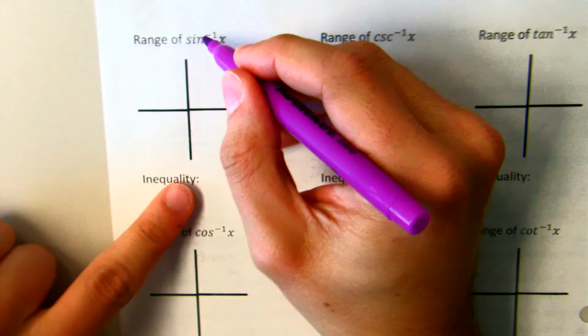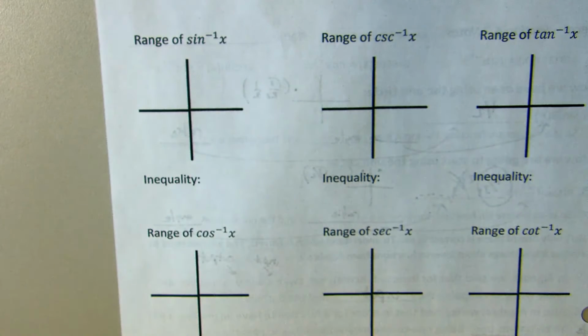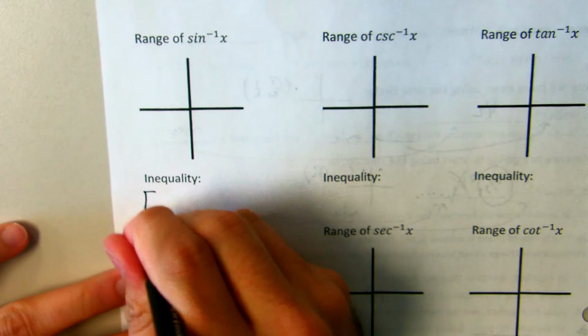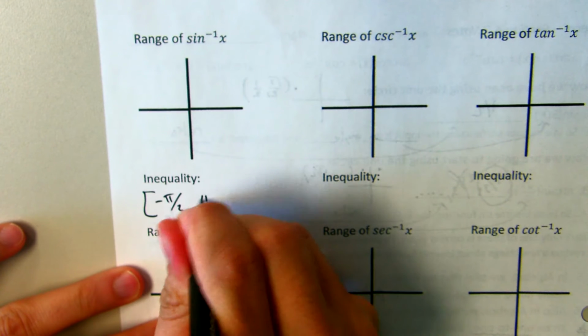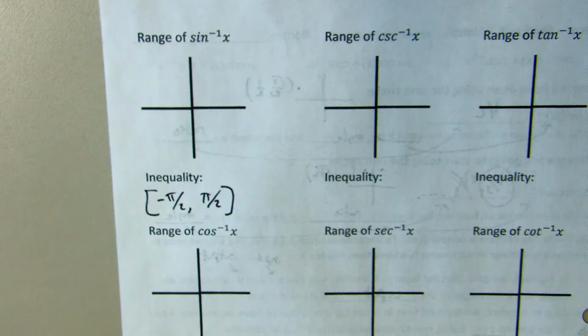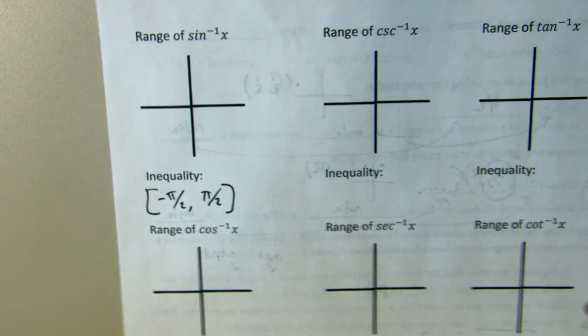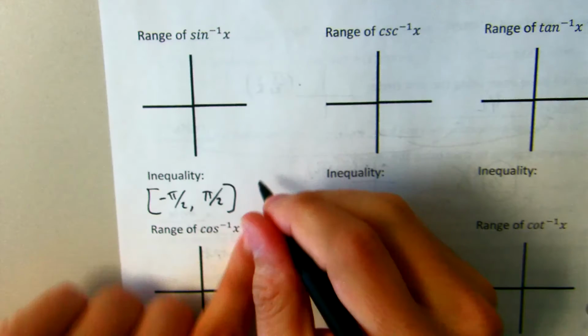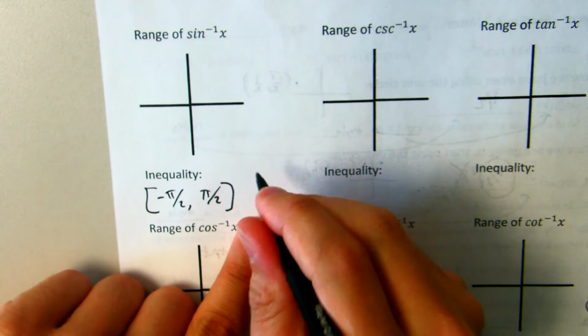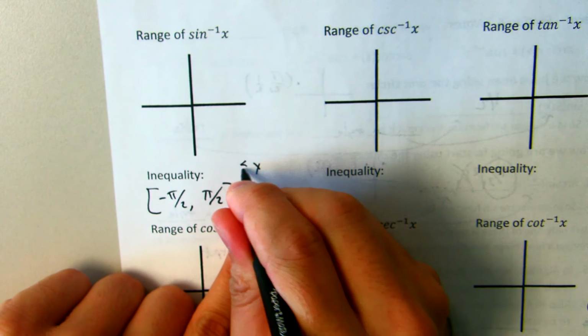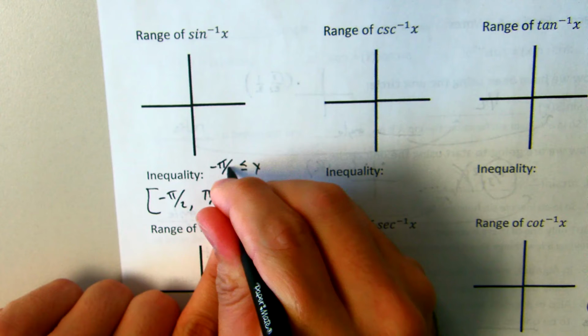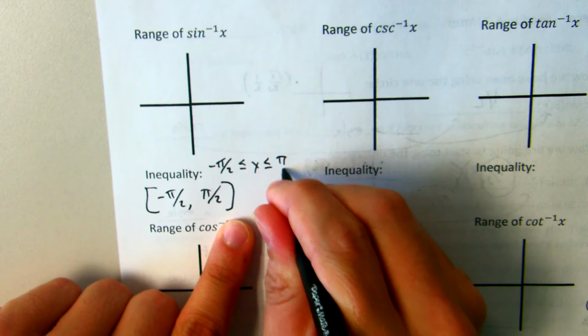We just said the range of inverse sine is negative pi over 2 to positive pi over 2. Now, as an inequality, it would be like saying this.